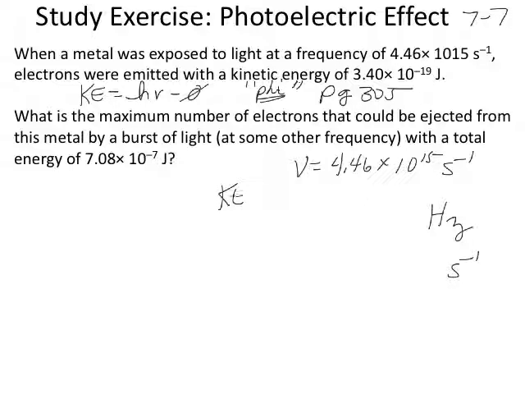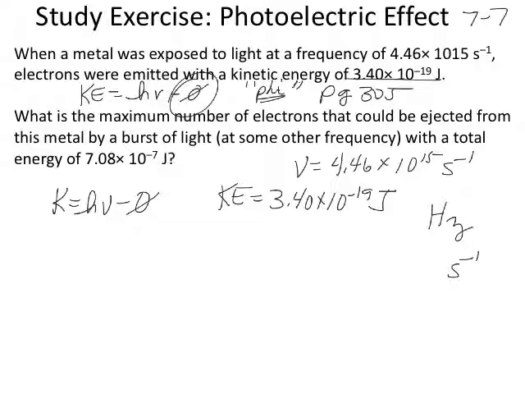Your kinetic energy is defined here, 3.40 times 10 to the negative 19 joules. And so you need to calculate phi. And so it's KE equals h nu minus phi. And so phi is going to be h nu minus KE.